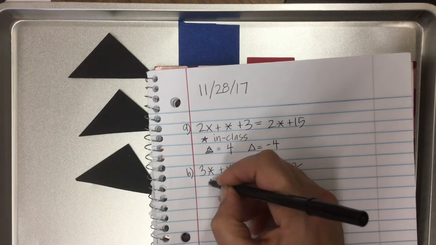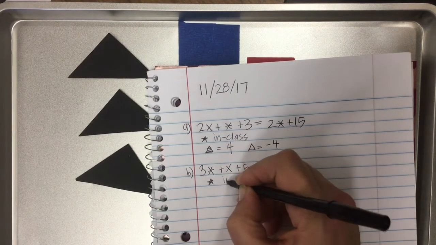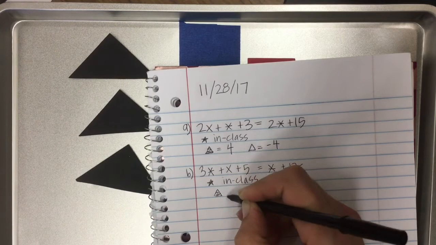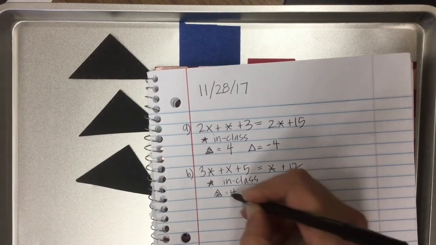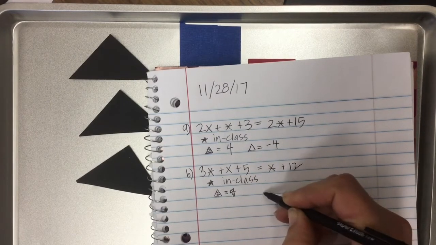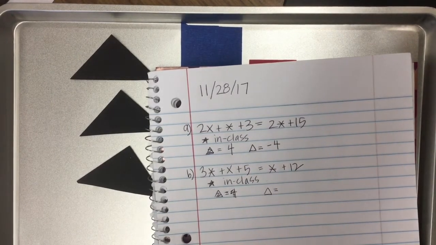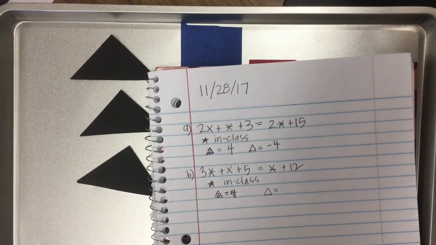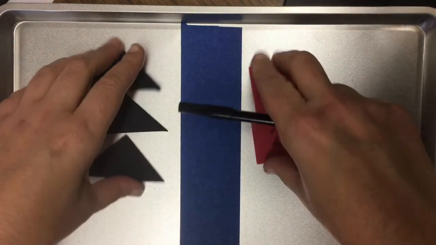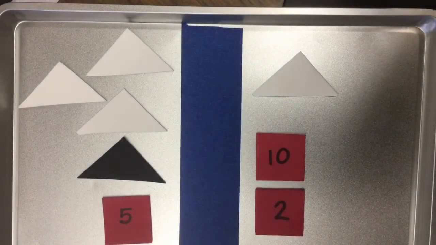And I'm going to mark this that I'm going to use my materials in class and then get ready for my answers. Whoops, that's not 4. I copied that from above. Triangle equals something and star equals something. Okay. Make sure you've got that problem copied accurately. Okay, I'm going to clear my pieces away.